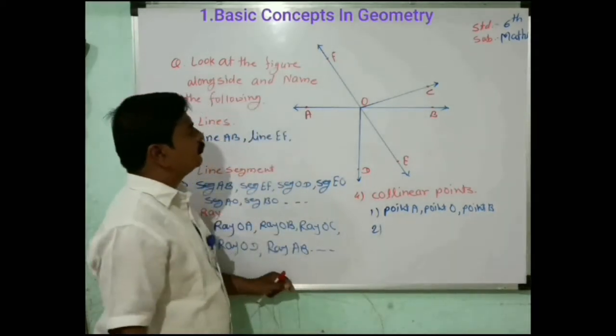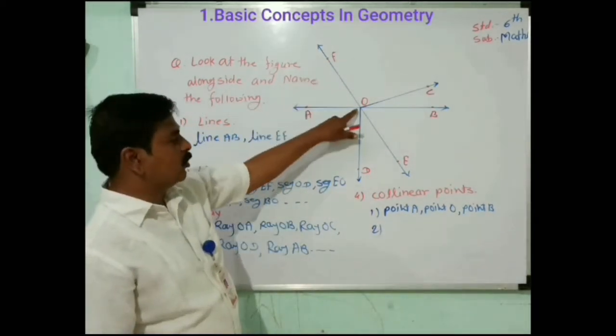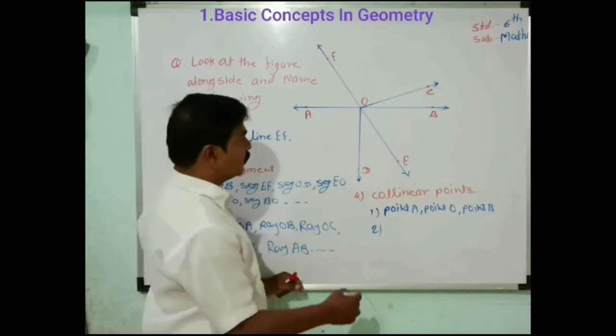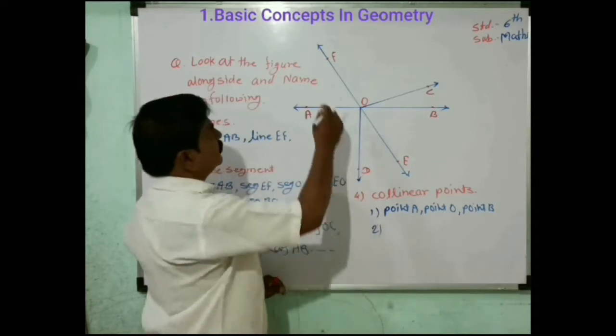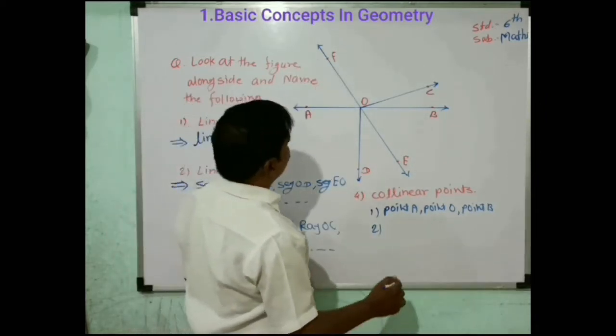Then another group, point F, point O, point E lie on a single straight line. So these 3 points are collinear.